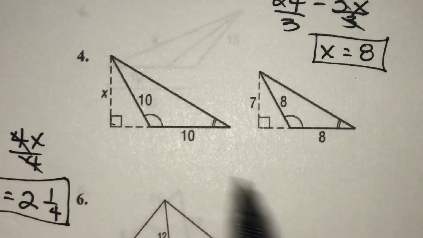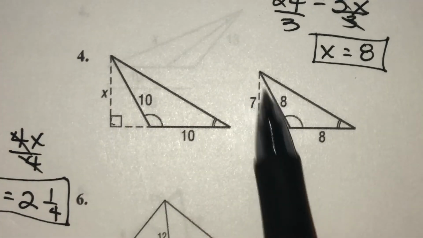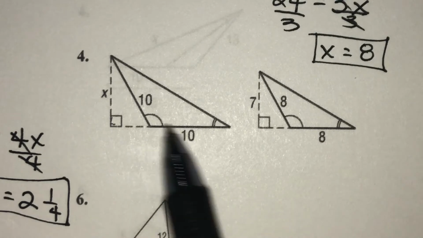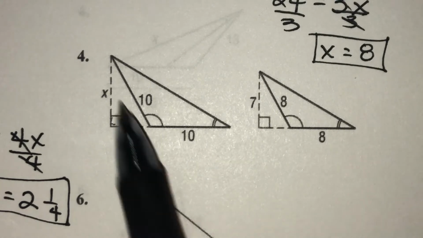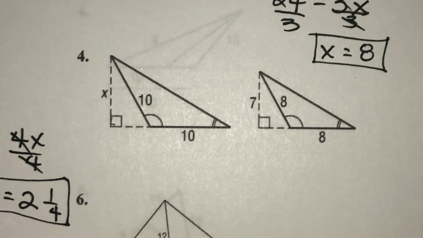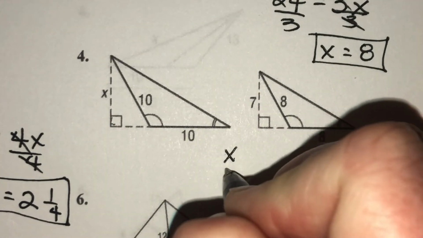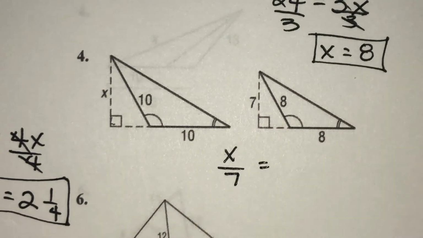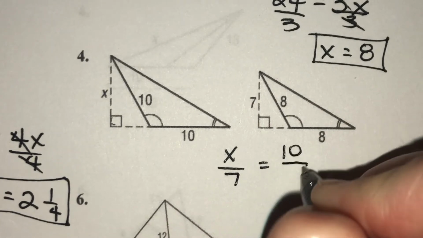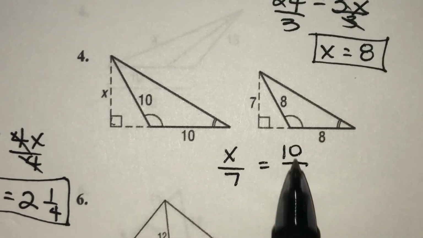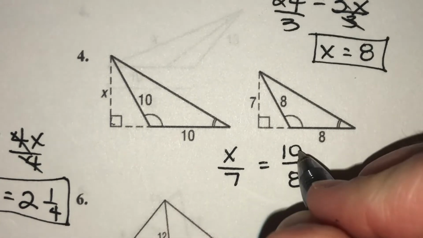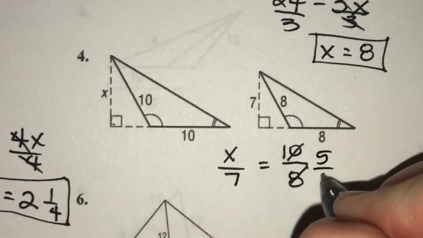They're proportional. So 10 to 8 should be the same as 10 to 8, which should be the same as x to 7. So I'm going to write x over 7 equals 10 over 8. And I can simplify. 10 over 8 is the same thing as 5 over 4.